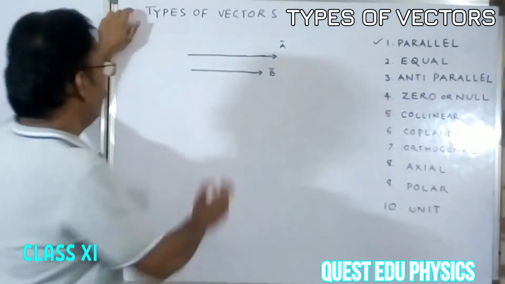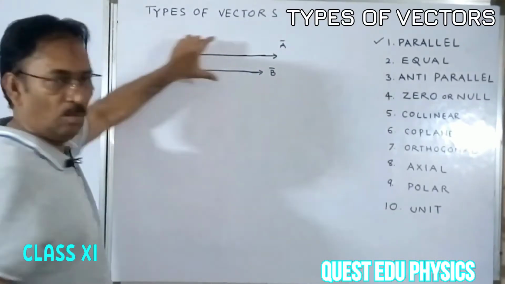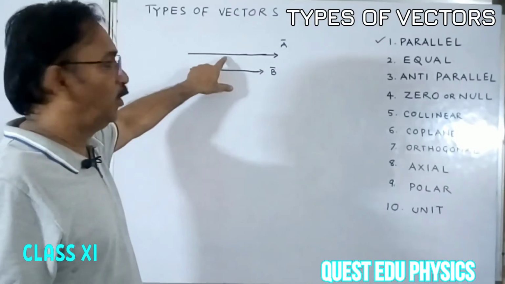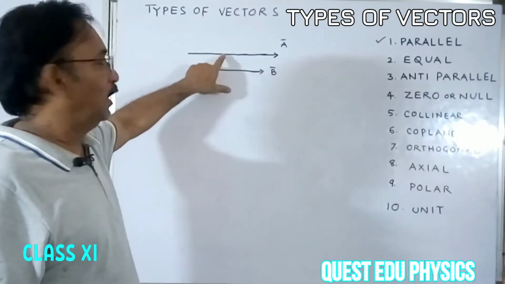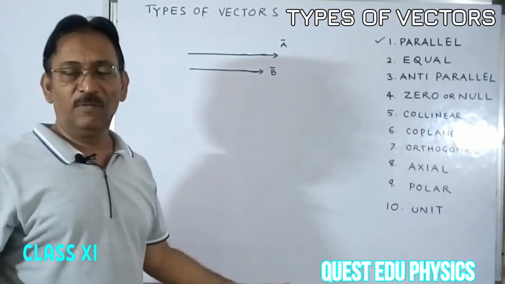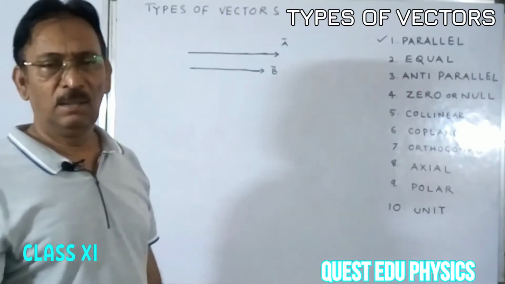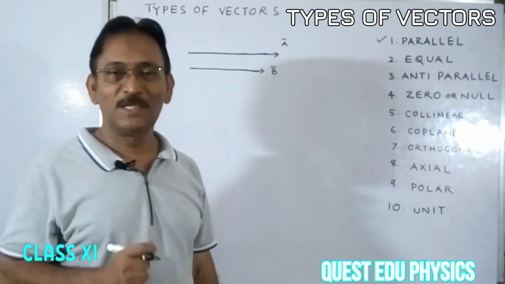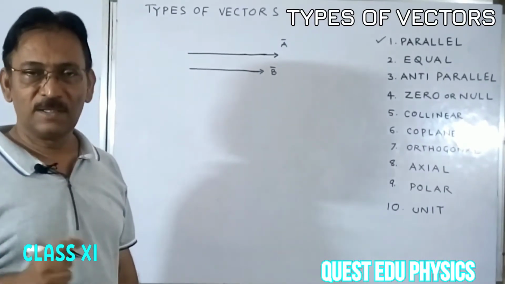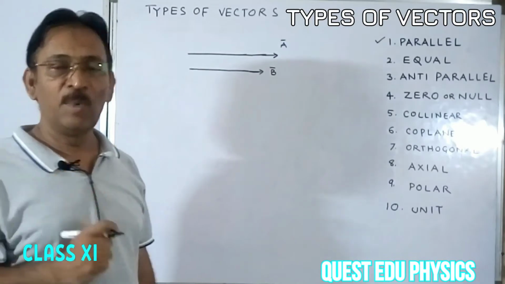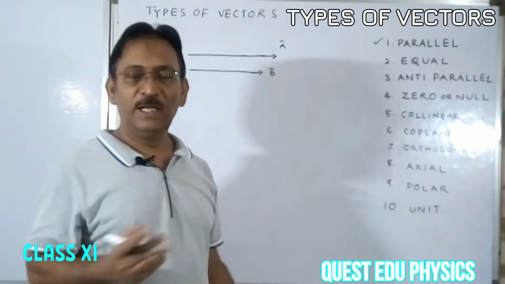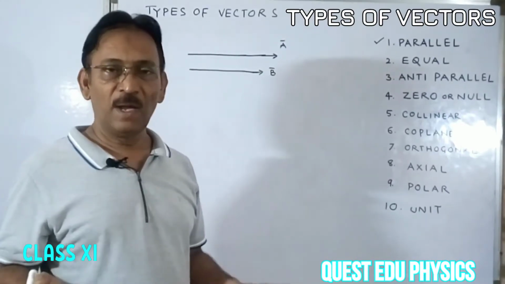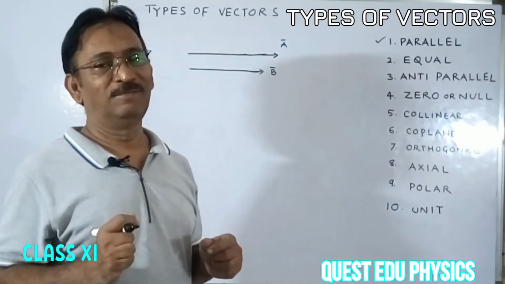Here they appear to be moving along the same line, and if you watch carefully, the angle between the two vectors is 0. When two vectors have an angle of 0 between them, we call them parallel vectors. Remember that any two vectors can be parallel. There is no need for the same magnitude.